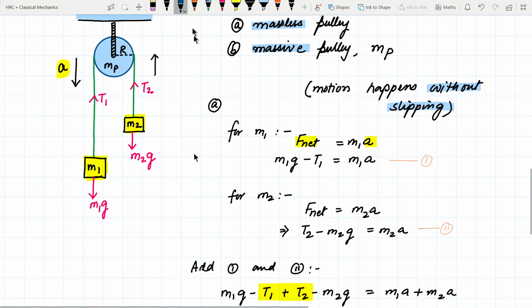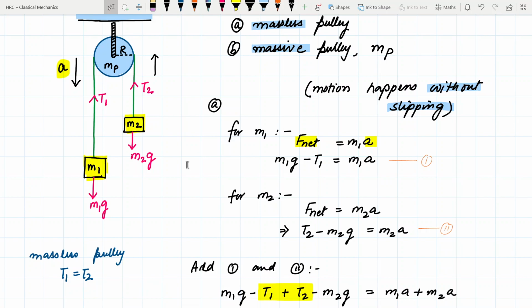So for the case of a massless pulley, due to Newton's third law, T1 is equal to T2, the tension on this side will be the same on that side. It is simply a result of Newton's third law, and also for the case of a massless pulley. Why massless? Because the inertia of the pulley is not contributing to the system's mass. The system has a certain mass and there is an inertia that is responsible for the motion that is happening.